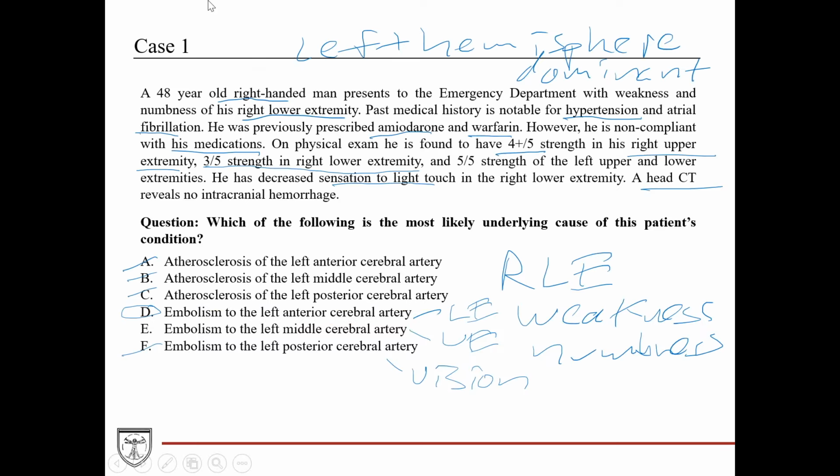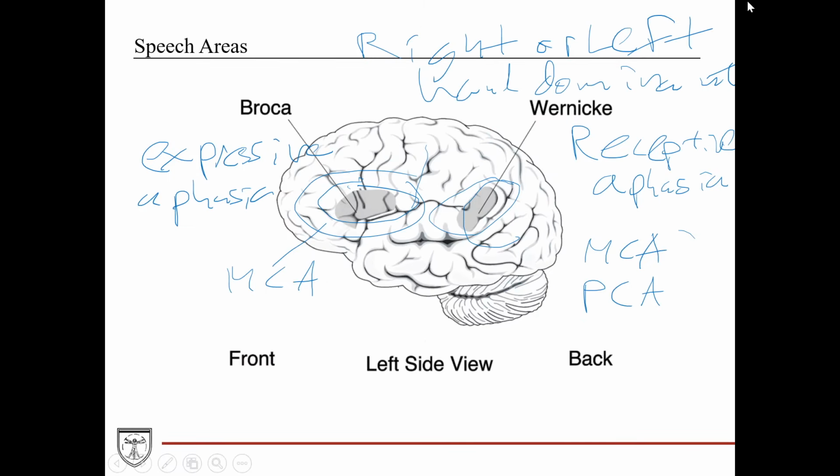So the question is about conductive aphasia. Conductive aphasia is a rarer form of aphasia, and what it really is, is they're able to understand information, both written and spoken.